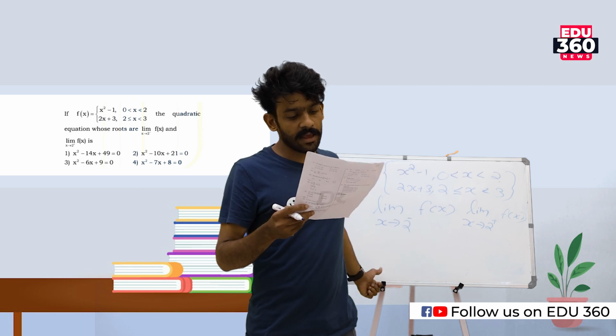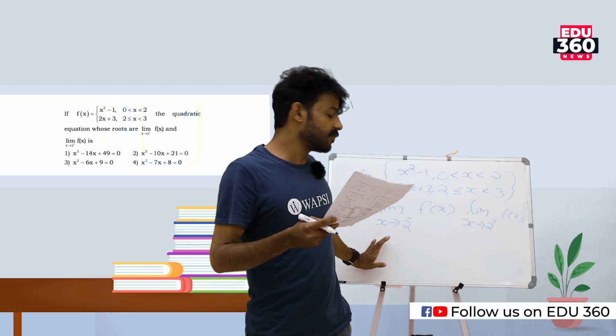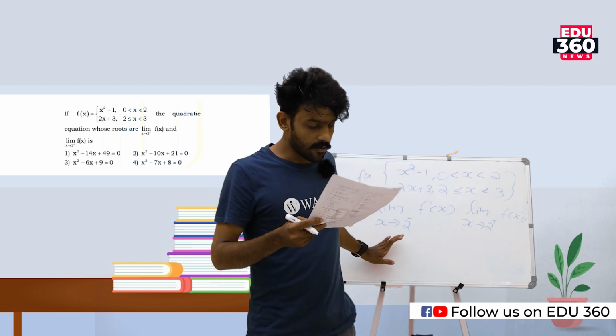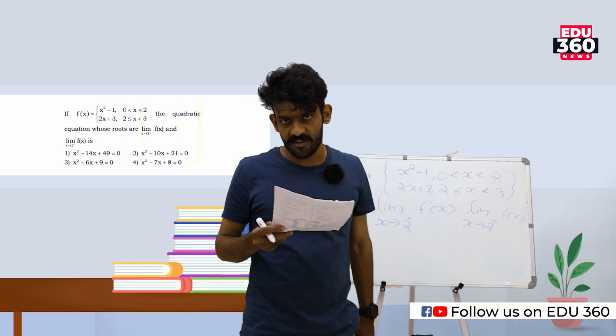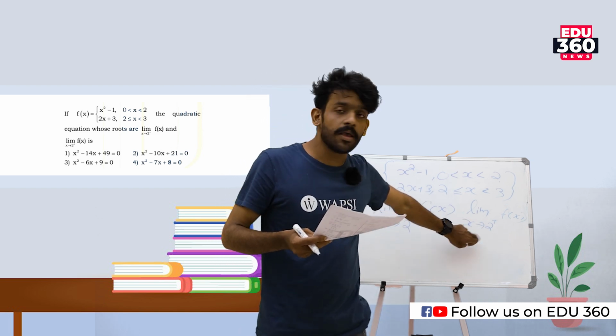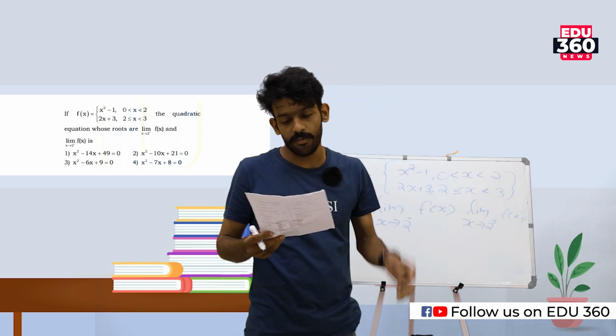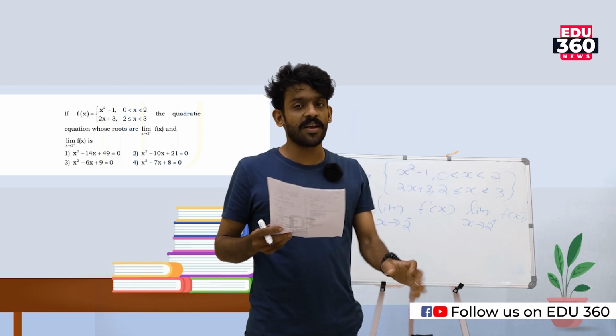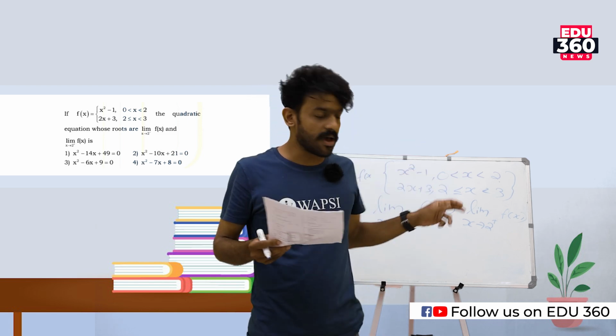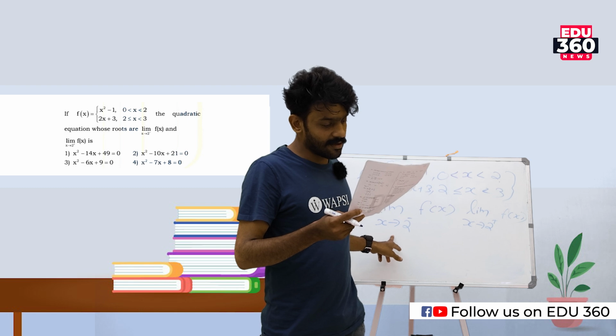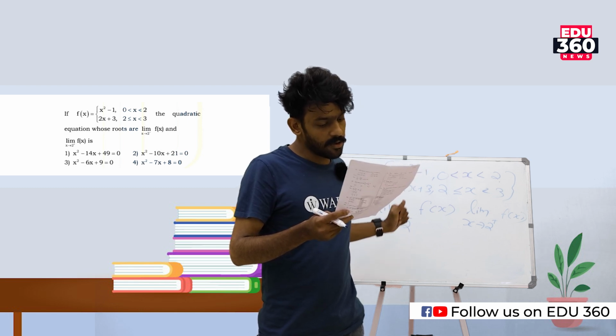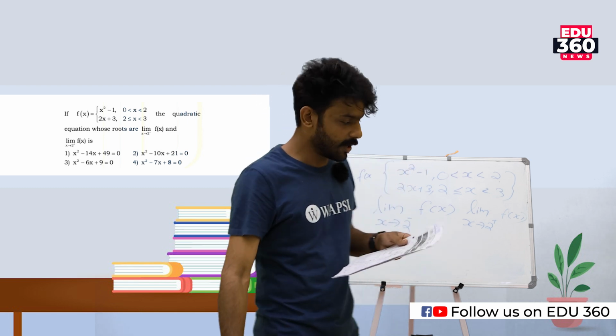So the quadratic equation whose roots are given. A hint is given, so we need to find the quadratic equation from this, because if you look at the options, there are quadratic equations. By using this, we need to find the quadratic equation.